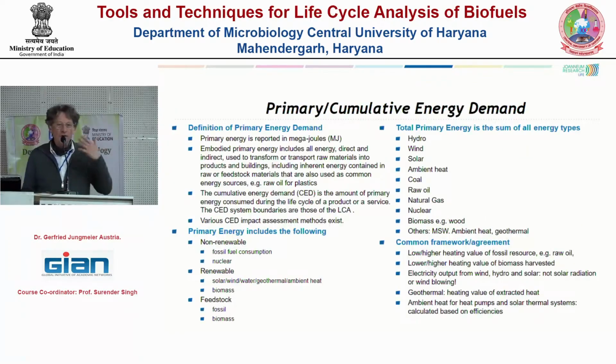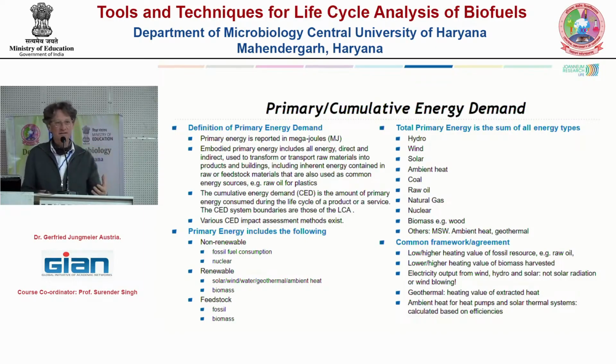One very important category is this primary energy demand. Very often in the English language they call it cumulative energy demand, which is the same thing. Primary energy means it's really the energy you take from nature. So it's the wind, the sun, the water, the biomass, the heating value of the biomass that's grown on the field.